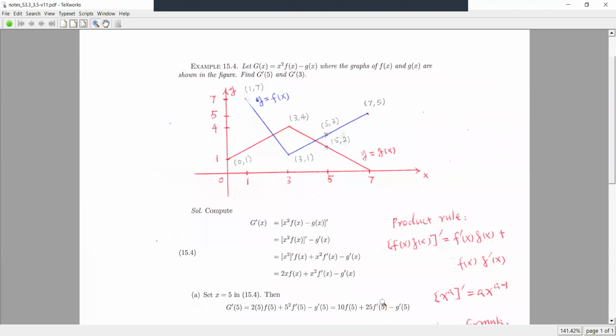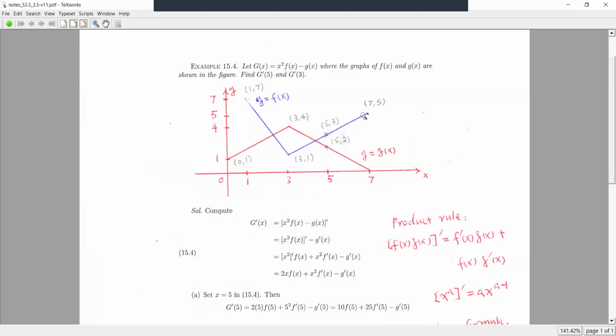To determine the derivative of f at the point 5, draw a tangent line to the graph of the function. At this point, draw a tangent line. The tangent line is this line. Then the derivative is the slope of this line.